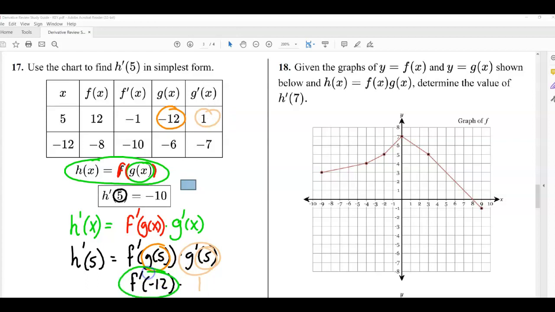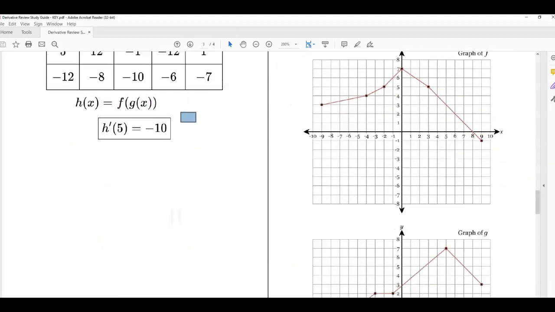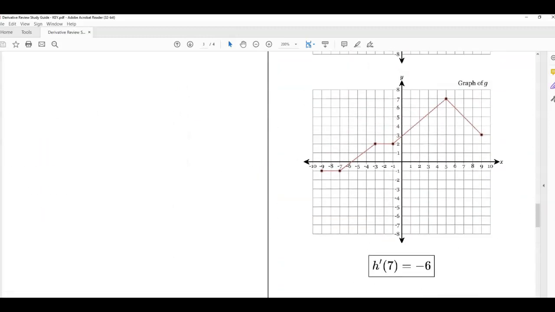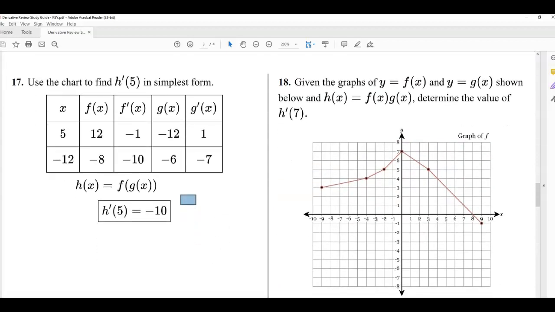Lastly, f prime of -12 is -10. So we've got -10 times 1, which is -10. Final answer. So take the derivative applying the rules first, then plug in the number to use the table. All right, that looks like that's it for that side. Let's check out number 18.